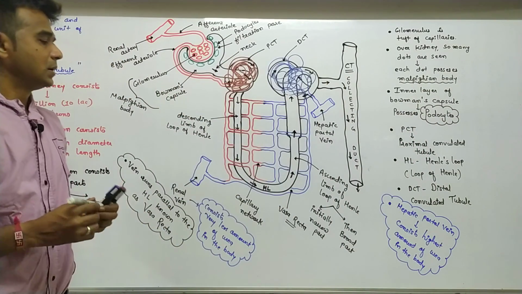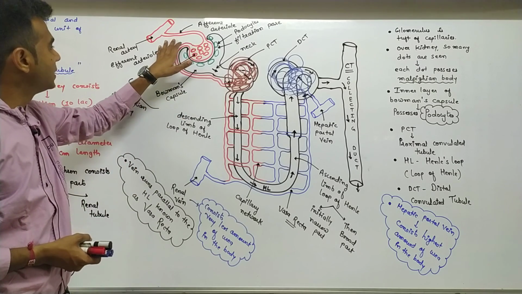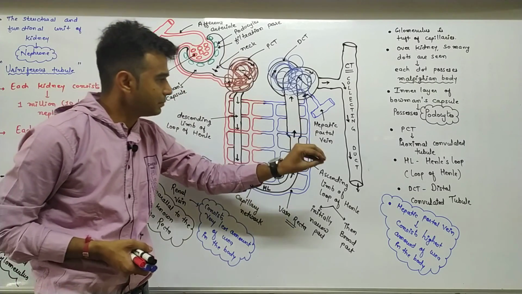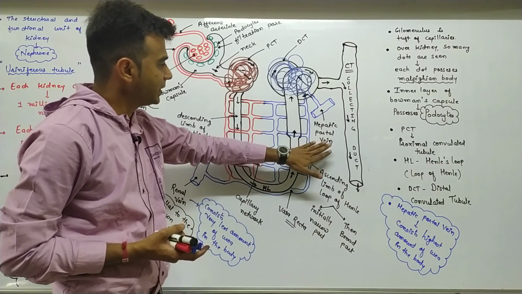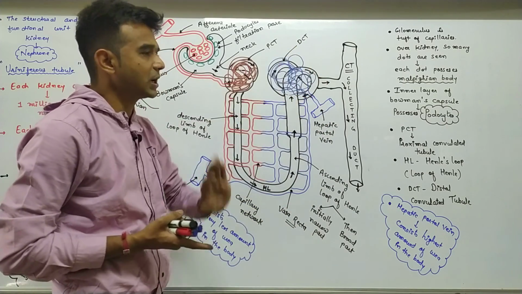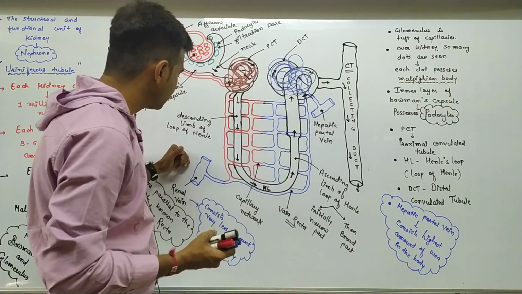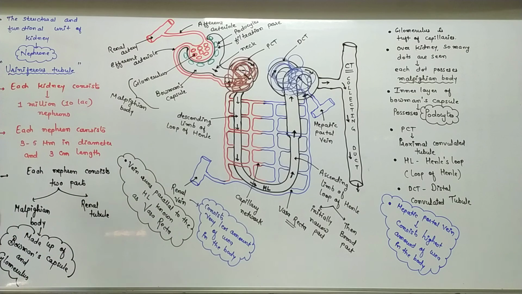So a little amount of urea is filtered through the blood here. A much greater amount of urea is filtered through this hepatic portal vein in the distal convoluted tubule, and now the blood from both sides comes together and is then collected in the renal vein.